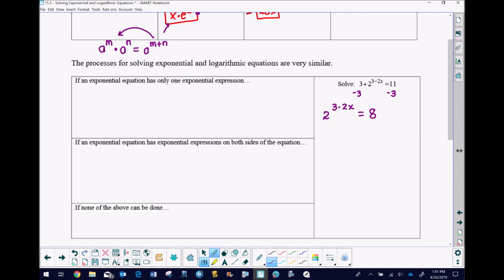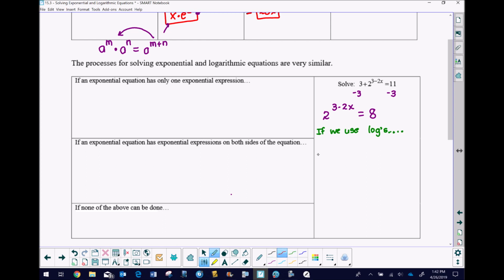Now, here's the thing about the solution to this problem. We don't need logarithms, right? Hopefully we understand that we don't need logarithms. But I'm going to go ahead and kind of throw in this statement. If we use logs, if we use logarithms, what would the solution look like?